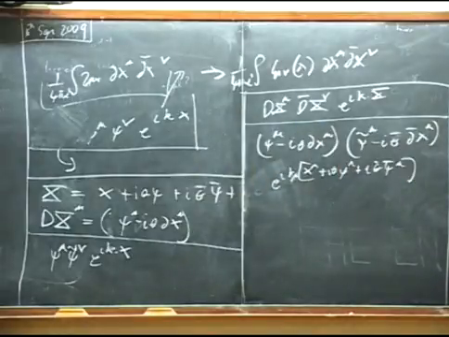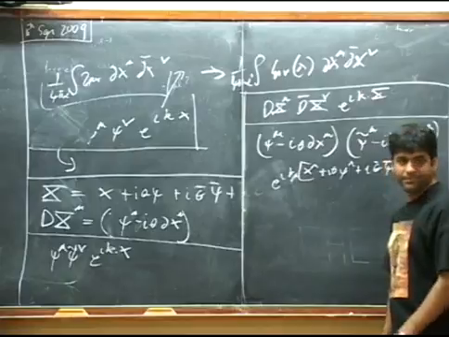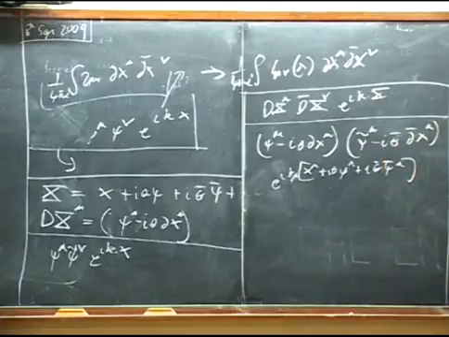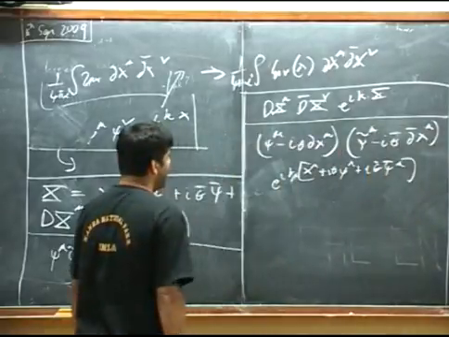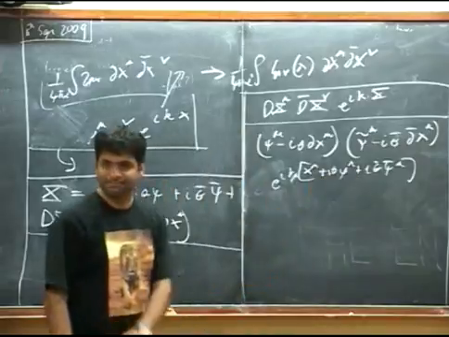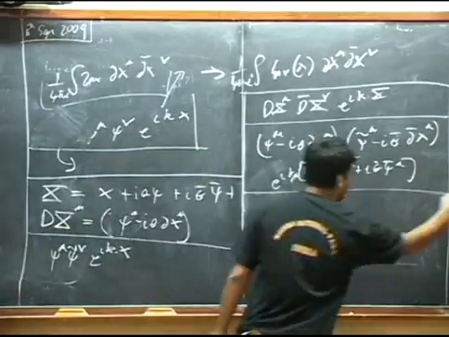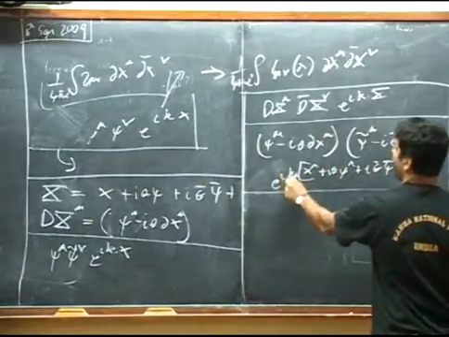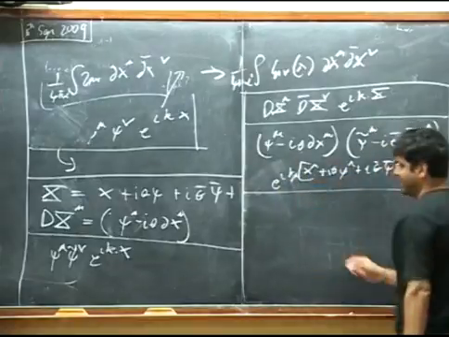Now I'm interested in the theta bar component. So how do I get it? Okay. One way is to keep theta from here, theta bar from here, to keep 1. It's clear that e to the power I k mu x mu is the overall factor outside.